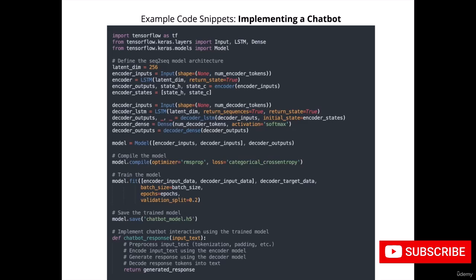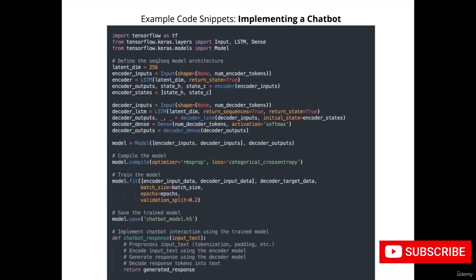Next, we create an encoder variable, pass it LSTM with the latent_dim that we created above, and return_state equal to True. Next, we get three different variables as a tuple. We get encoder_outputs, state_h, and state_c by calling the encoder and passing it the encoder_inputs. Next, encoder_states, we get it from the array of state_h and state_c.